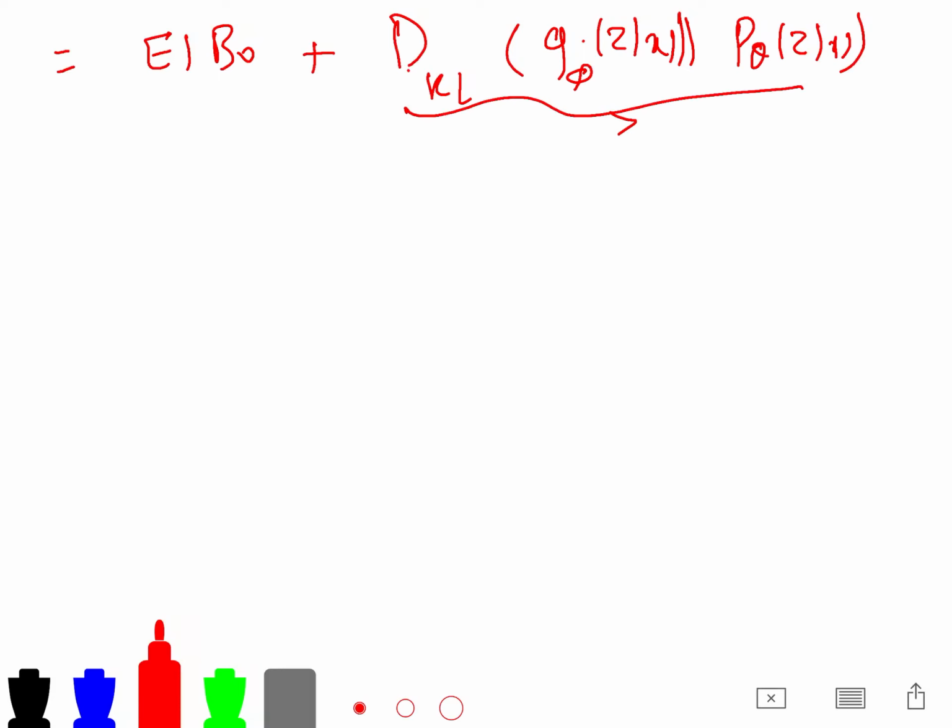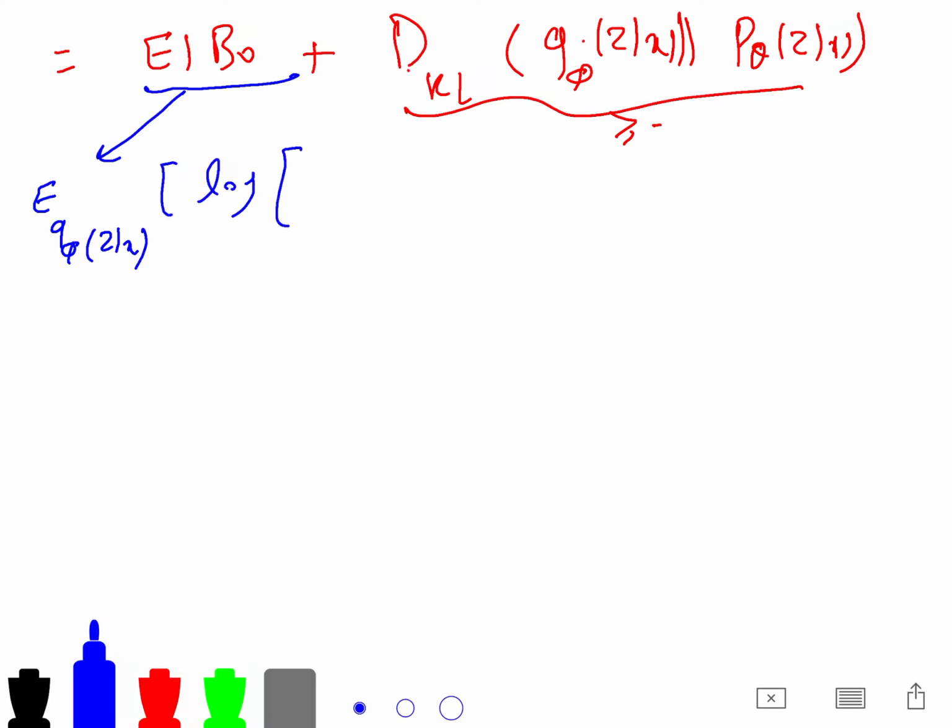So this is positive, and the elbow, the variational lower bound or evidence lower bound, is the expectation of q phi z given x of log of p theta x and z divided by q phi z given x.